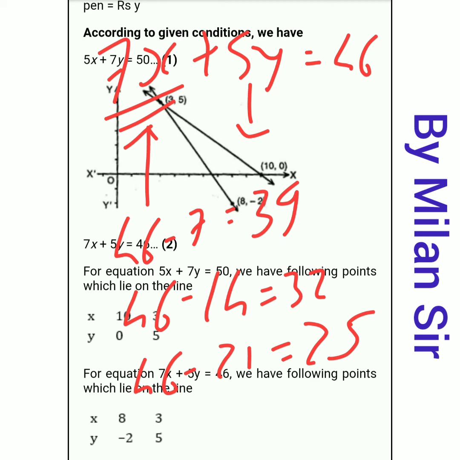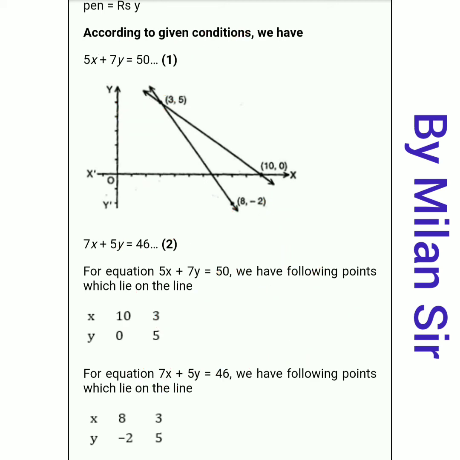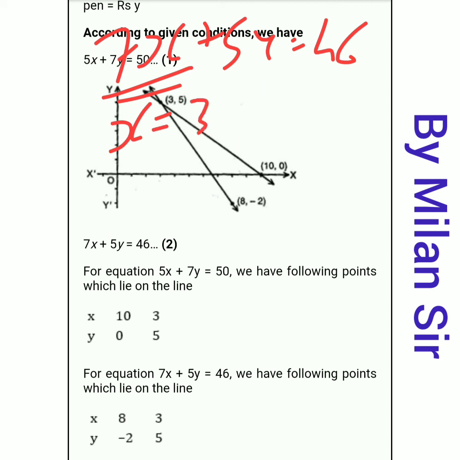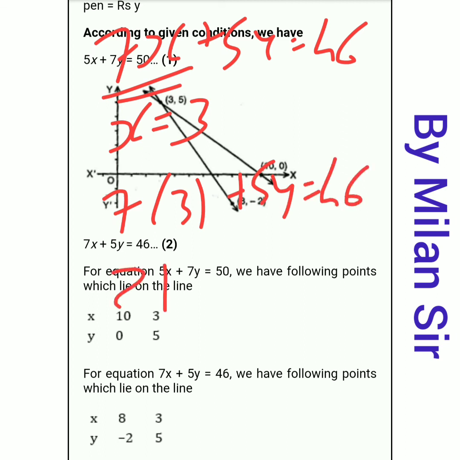Okay, so we use this. On the left-hand side we want 21, so put the value of x is equal to 3. So 7 into 3 plus 5y is equal to 46. Now 7 threes are 21, plus 5y equals 46. Transfer this 21 to the right-hand side.